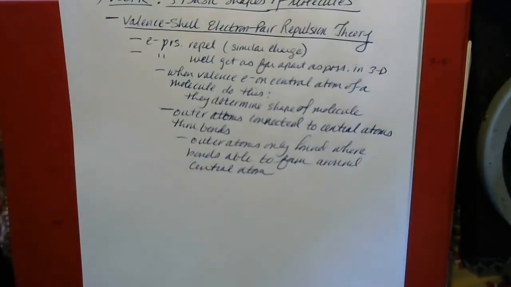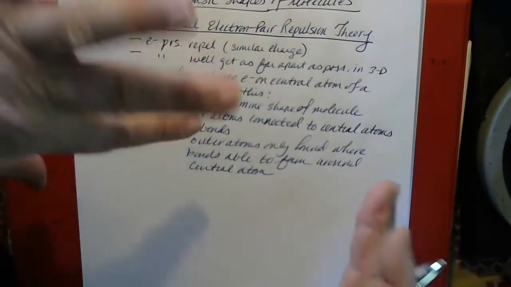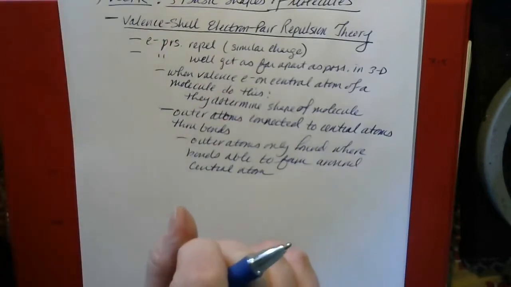So you're only going to find outer atoms around the central atom in those locations where bonds are able to form on the central atom.